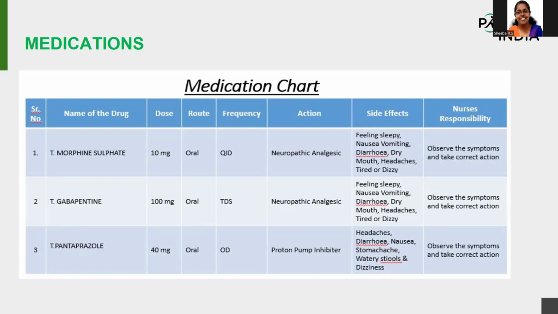I didn't see. So is this patient having diarrhea or not? Sunita sister, my question is clear. Somebody mentioned diarrhea. I didn't see that. My question is, is the patient having diarrhea or not?